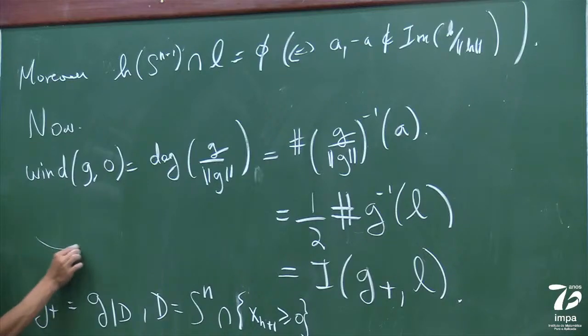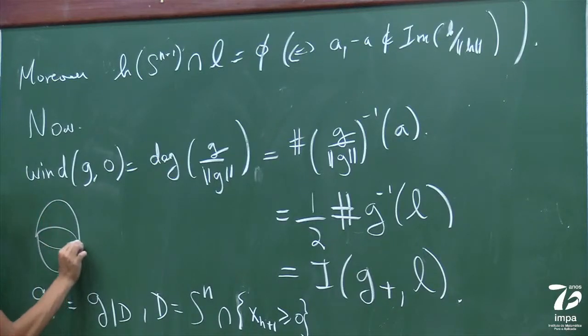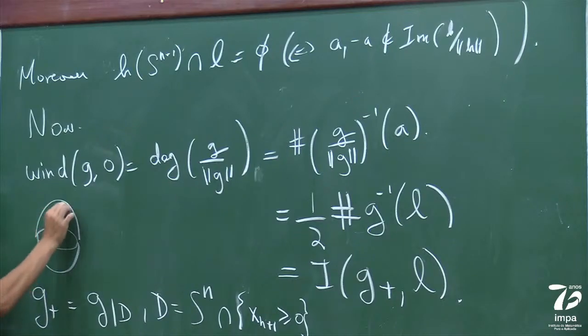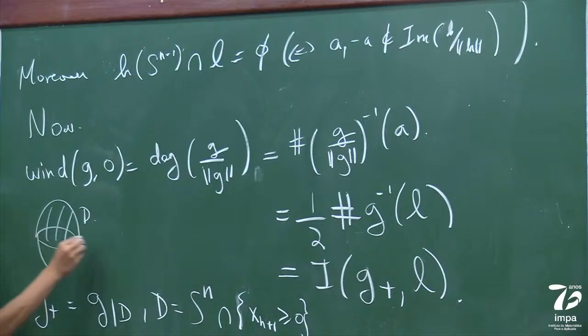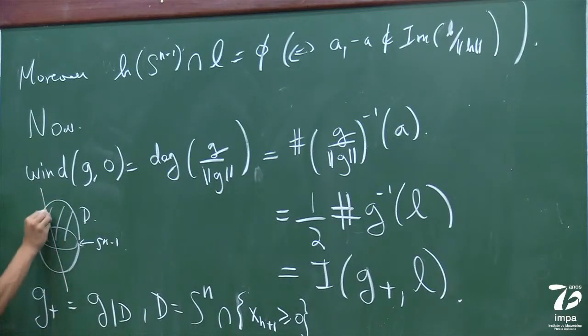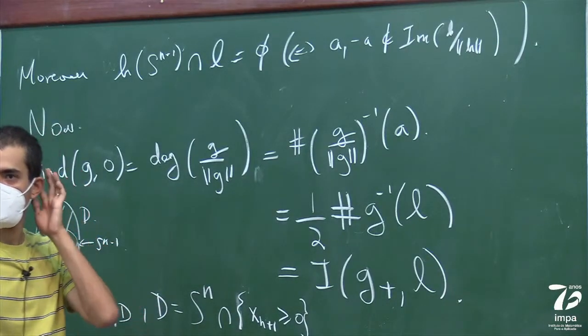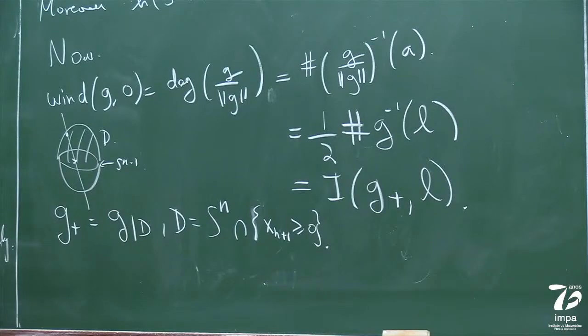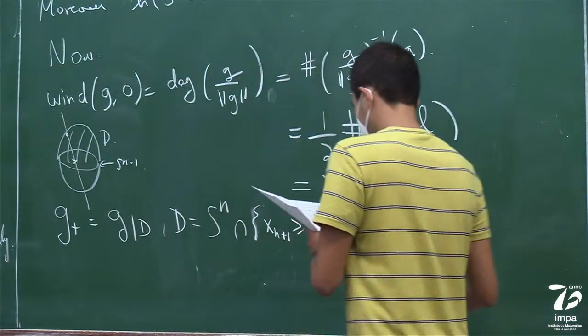So this part here is D, and here's my S n minus 1. And why is that? Because I have a line that doesn't intersect the equator. So every time the image of g intersects this, it's going to intersect at 2 points, one in D and one that's not in D. So that's why we get this equality here. And then we're almost done.